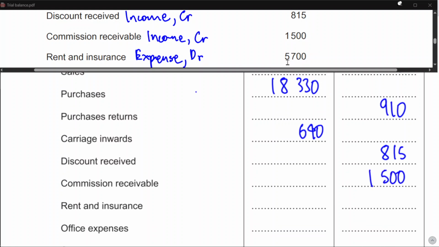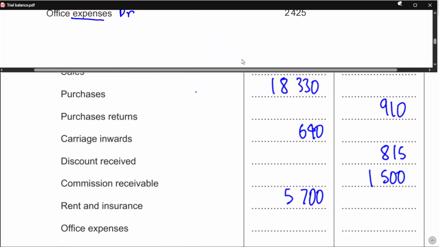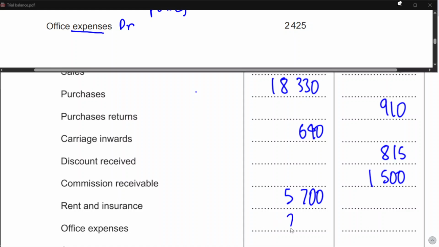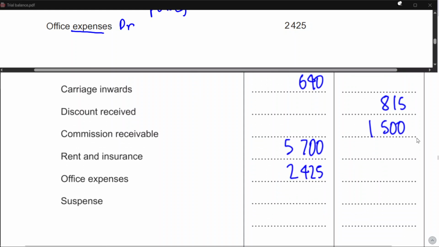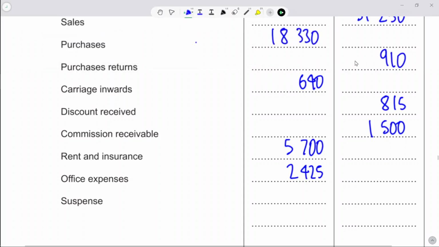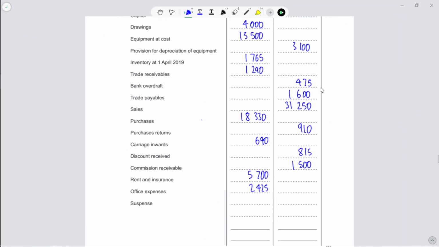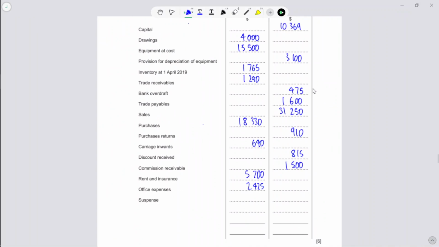Debit 5,700, left hand side 5,700. Debit 2425, left 2425. Then let's total them up.